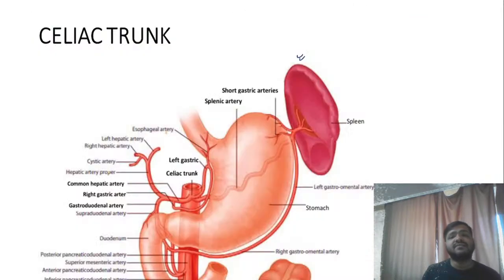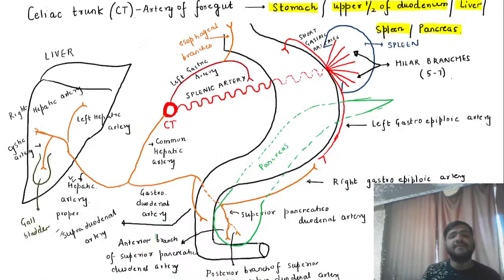Now let us take one more example. The posterior branch of the superior pancreaticoduodenal artery is a branch of the superior pancreaticoduodenal artery. It is a branch of the gastroduodenal artery, common hepatic artery, celiac trunk, abdominal aorta, thoracic, no, arch of aorta, okay? And then to the left ventricle. So that is something you have to keep in mind.